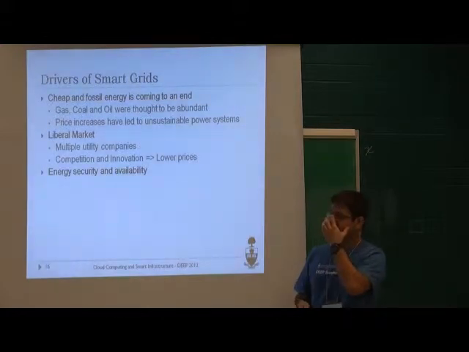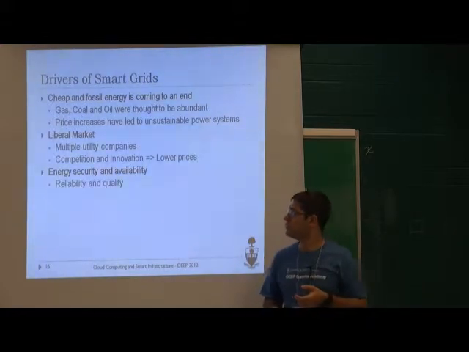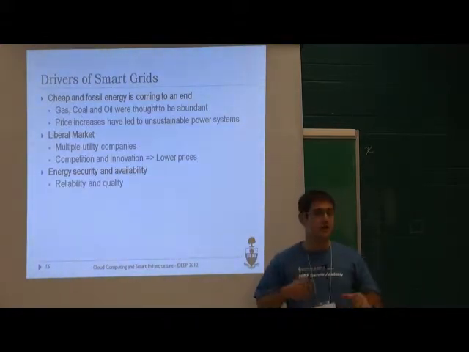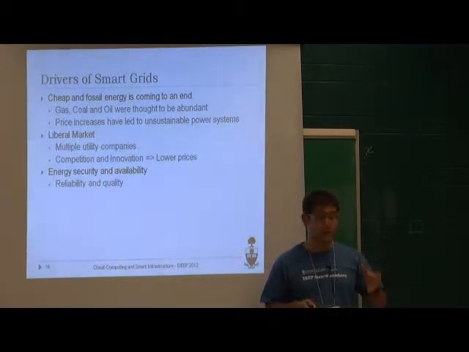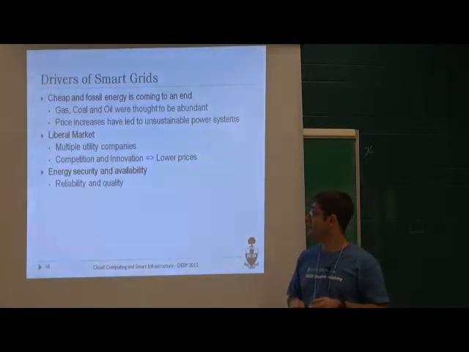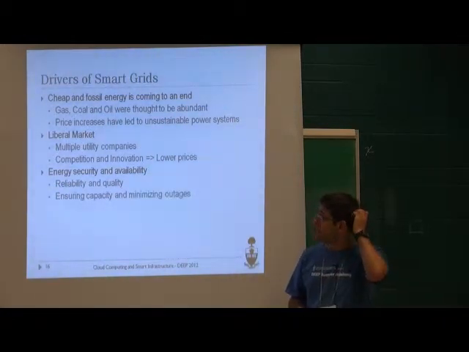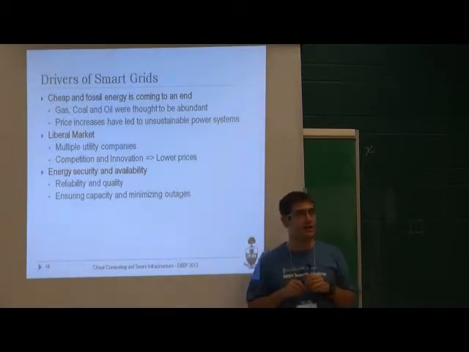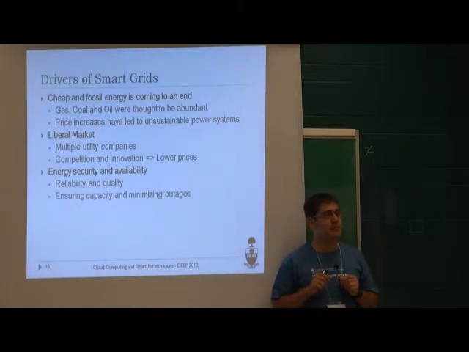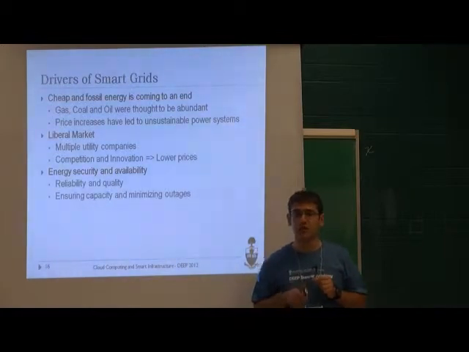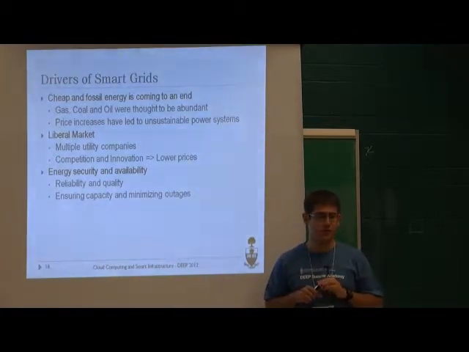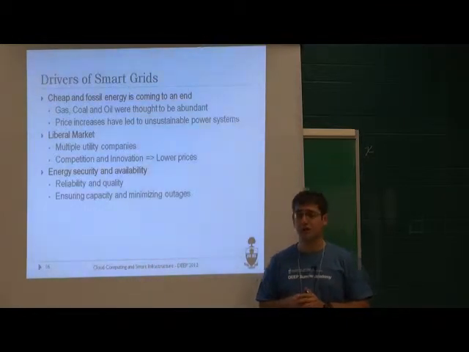Energy security and availability. So we need to ensure that energy is going to be available and having a certain reliability and quality. We have to ensure, because our businesses depend on these. If you check for money losses due to power outages, just in North America every year, they're in billions of dollars.